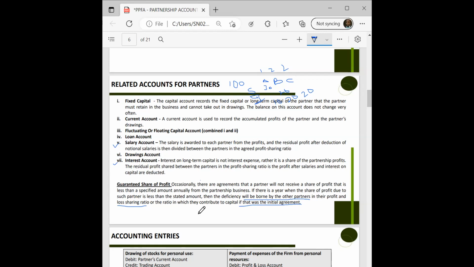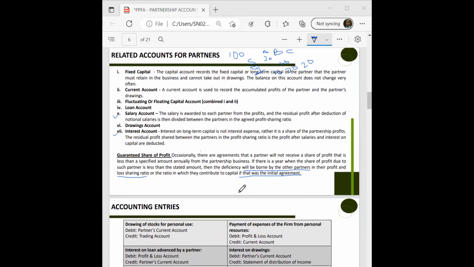And they put it in writing, right? Apologies for that. So that is guaranteed share of profits.